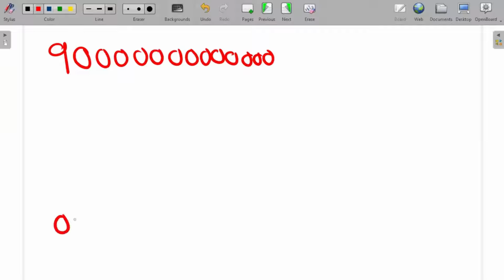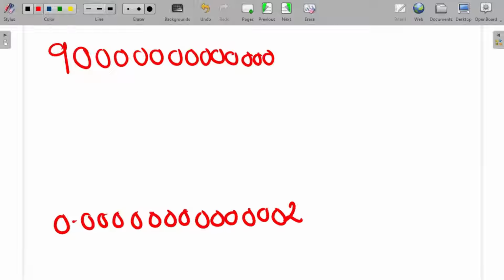Maybe I can say 0, like this. A number which is small like this. All right, these two numbers: we have this number which is very big, but we also have this number which is very small.